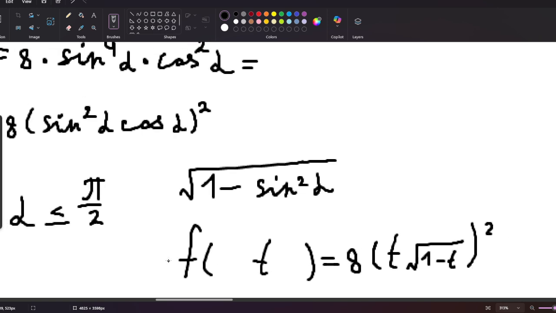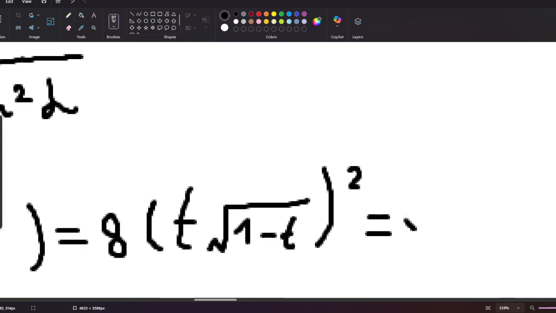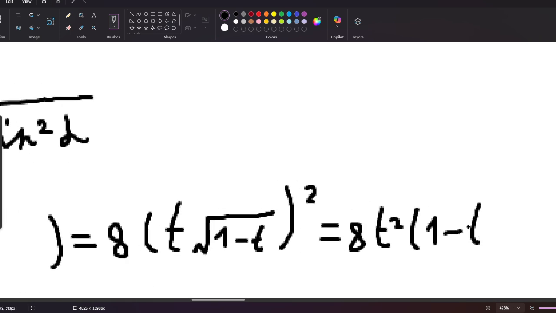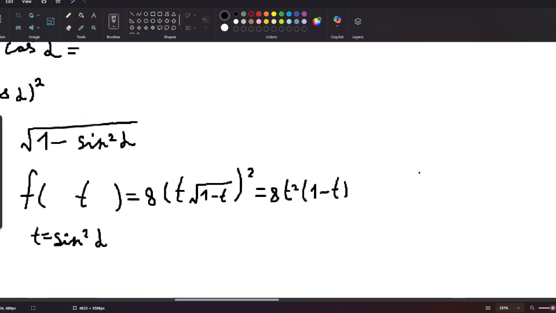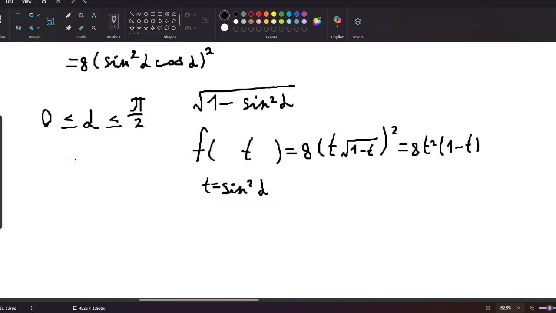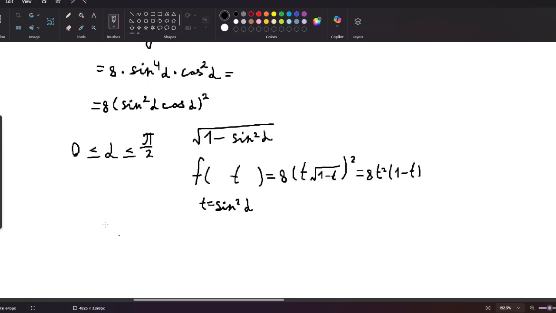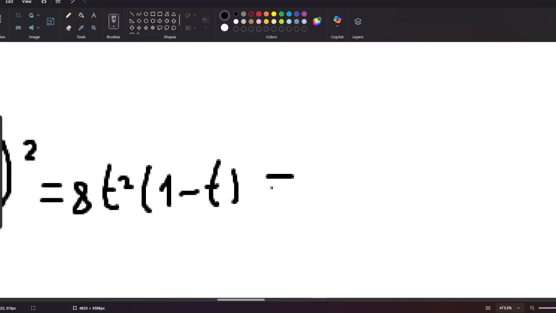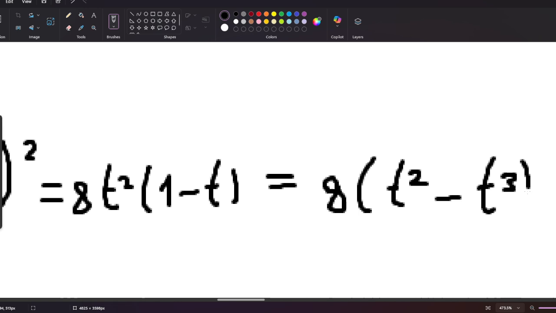Well, that's squared. That's going to be 8 times t squared times 1 minus t. Sine is a rising function on this interval, so this shouldn't be a problem maximizing this. So 8 times t squared minus t cubed. Now we need to maximize t squared minus t cubed.